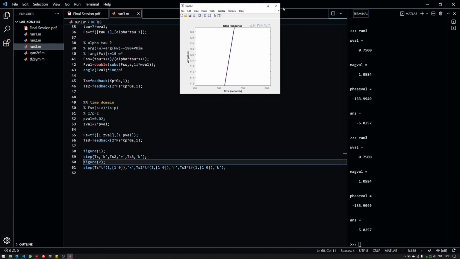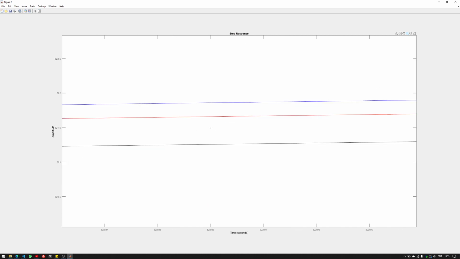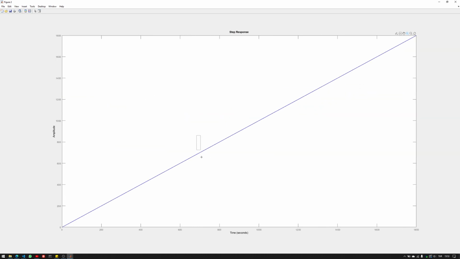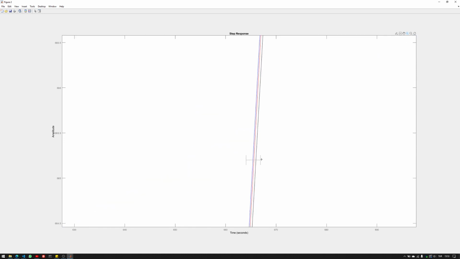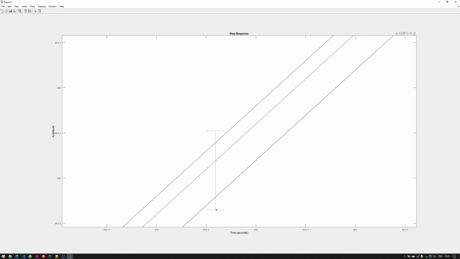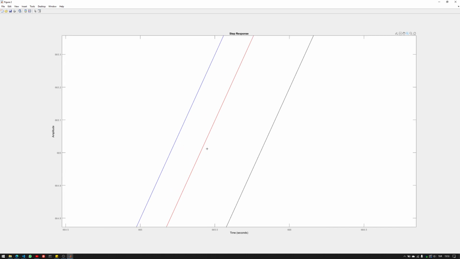So we can see that the red one and the blue one are quite close. So almost identical, but there's a better gap than this one.